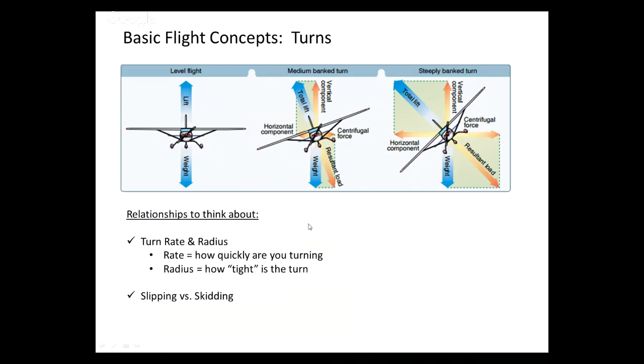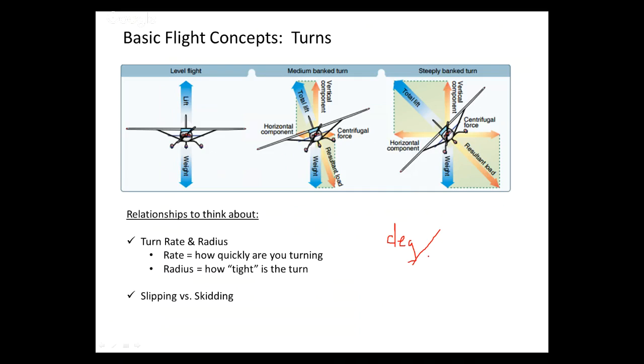Rate is how quickly you are turning, and it's expressed in degrees per minute, usually, but I've seen it expressed as degrees per second. And by the way, degrees is degrees on the compass.